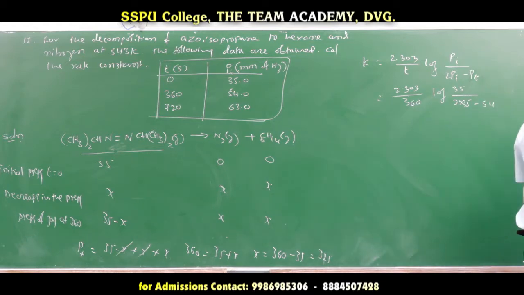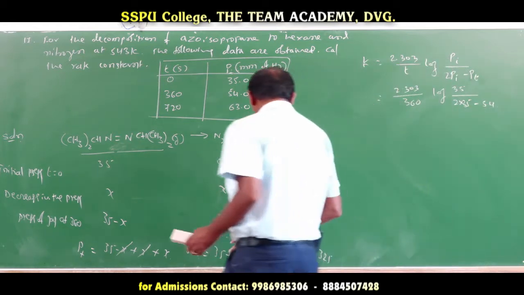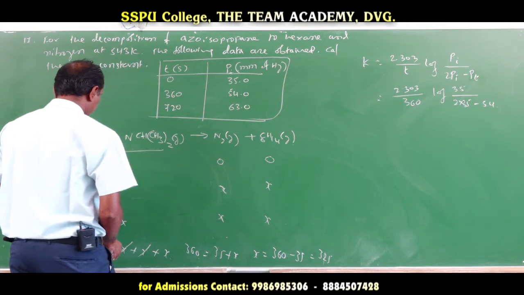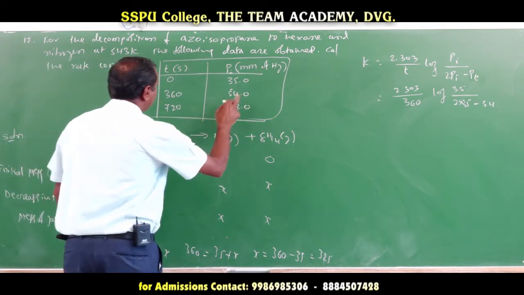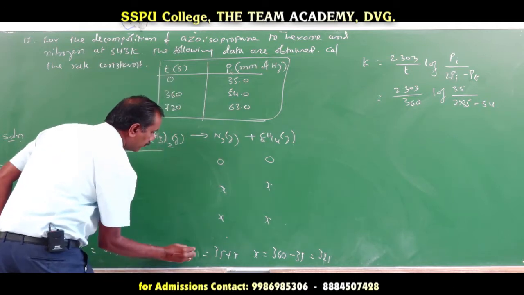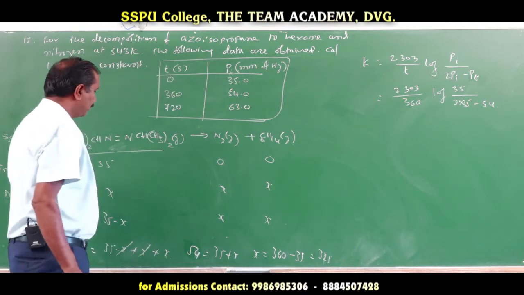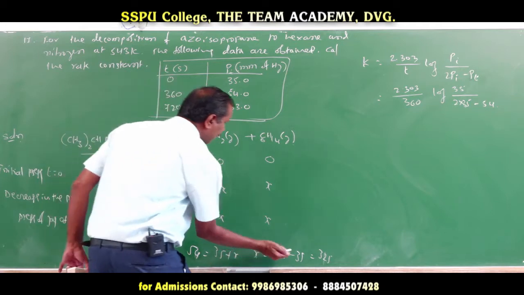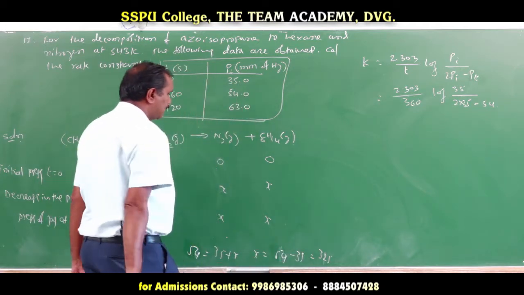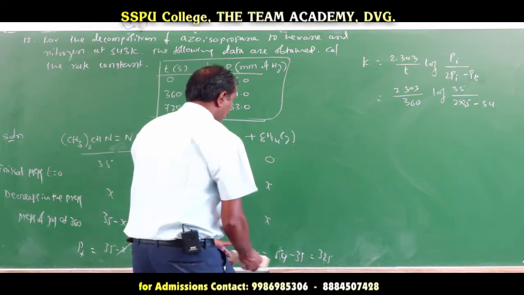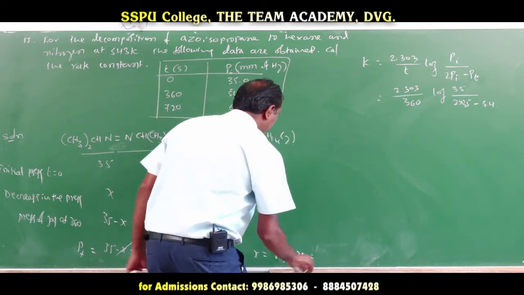I'll take this: if we take 35 minus X, PT becomes 54. So 54, where X becomes 54 minus 35. 54 minus 35 is nothing but 19.